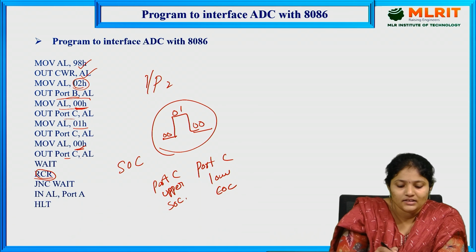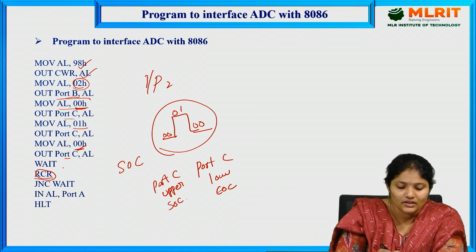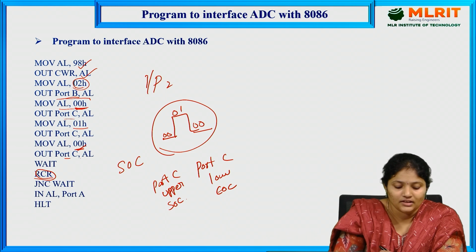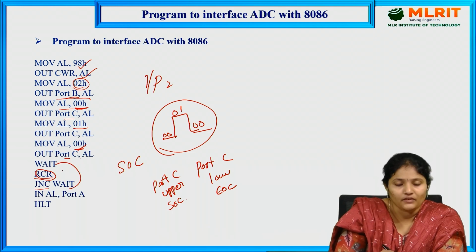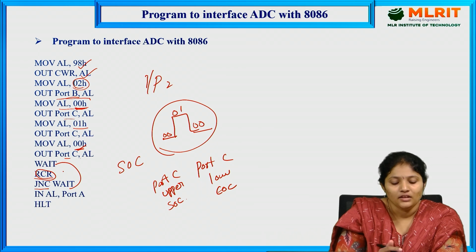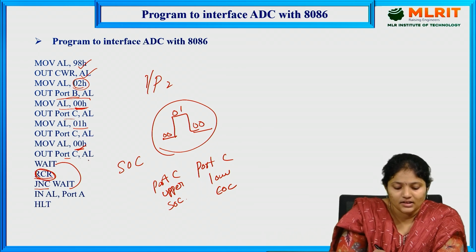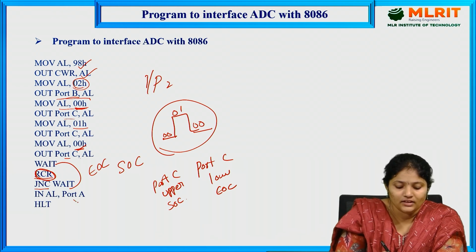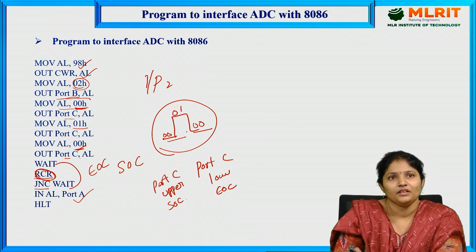If we are receiving the EOC signal, rotate right, then jump if carry to wait; otherwise it jumps again to wait. So unless it receives the EOC signal, the control stays here itself. And if we get the EOC signal, only then it goes to the halt stage. So this will get converted, right?